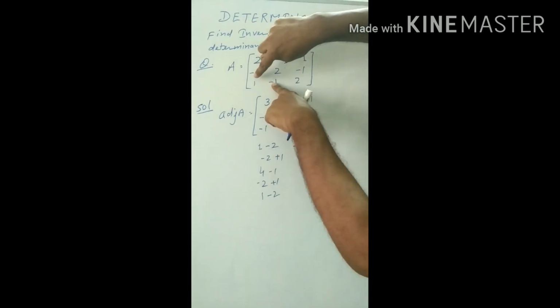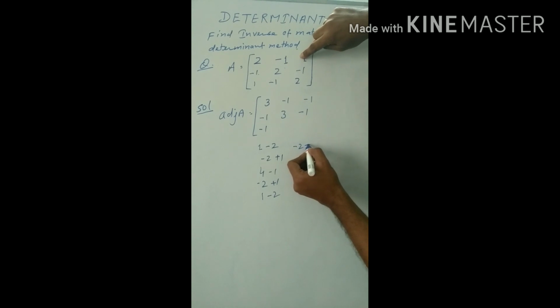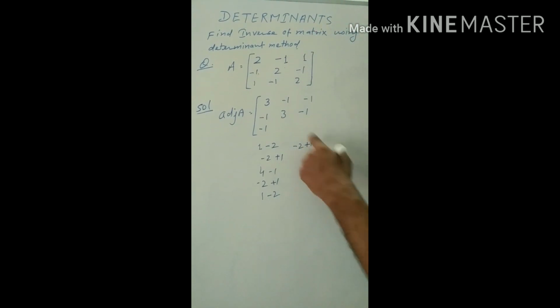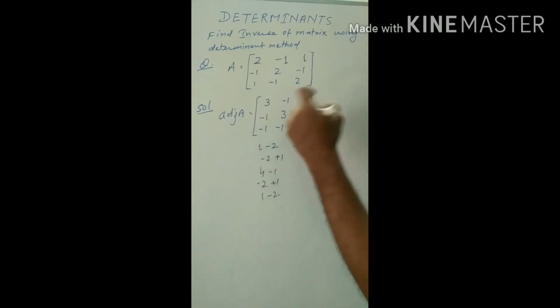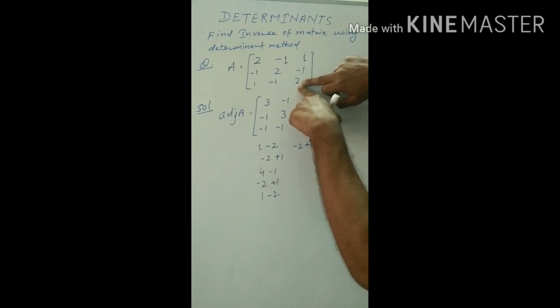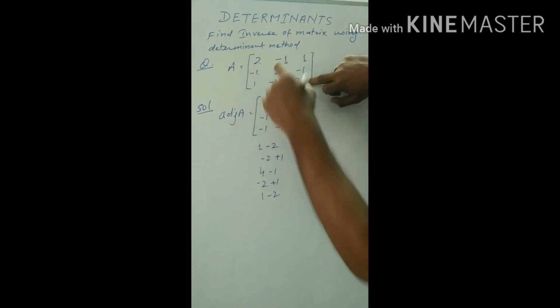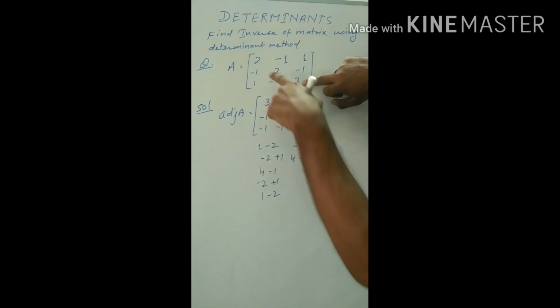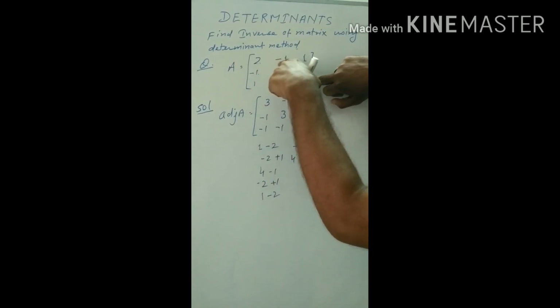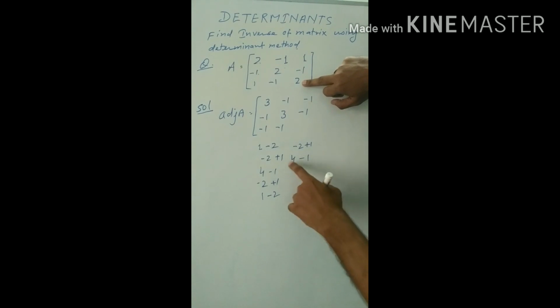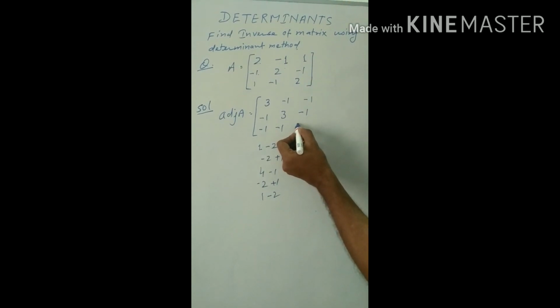This into this, that is minus 1. Here we write minus 1 means here plus. Minus 2 plus 1 is minus 1. Now for this one, 2 into 2, 4. Minus, this into this is plus 1. 4 minus 1 is 3. So here it is 3.